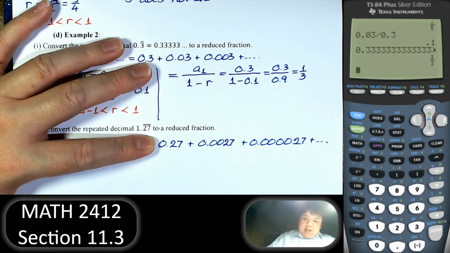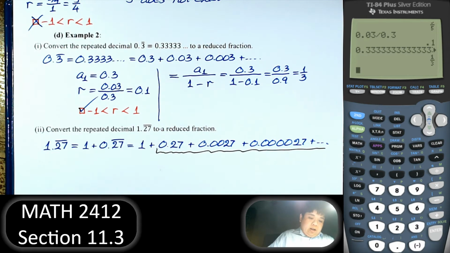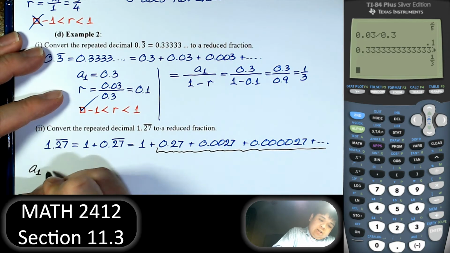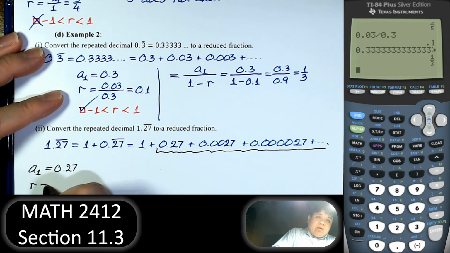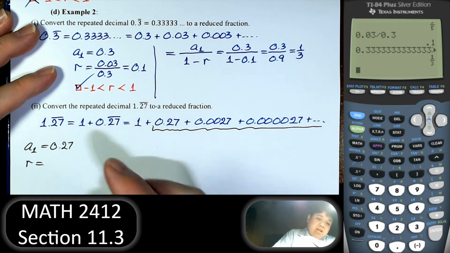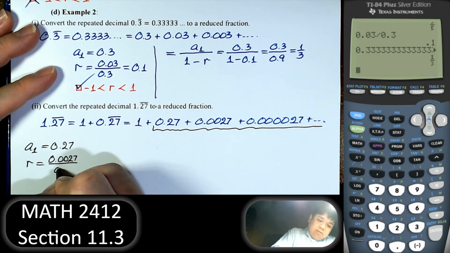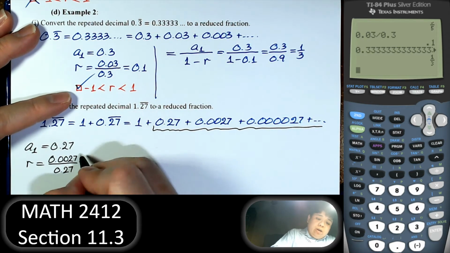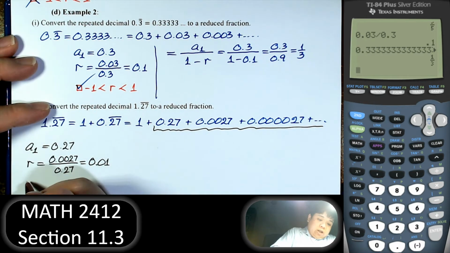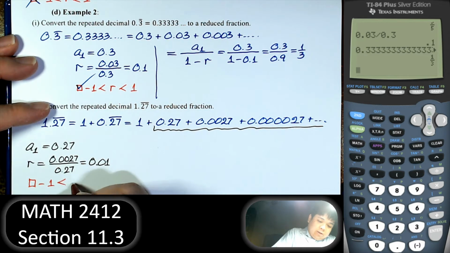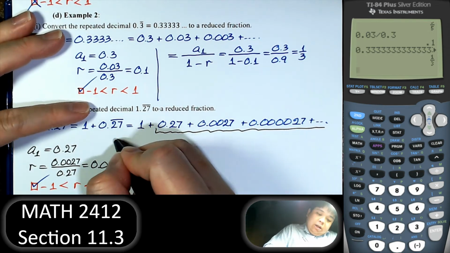Now if we look at this, this will be a geometric series with the first term equal to 0.27, and for the common ratio, we take the next term divided by this term, and that gives us 0.01. Because that ratio is between -1 and 1, we continue.